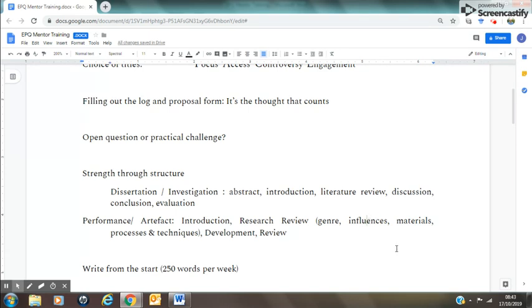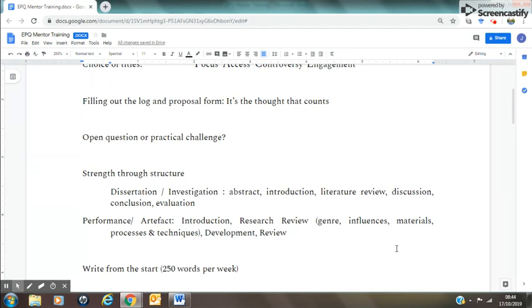Influences, who can they learn from, what's out there, what pieces of work can they access that they can pick up tips and inspiration from. Reviews as well of pieces of work can be useful. Materials, that doesn't necessarily mean the concrete materials that they're using. It could mean the ideas that are going to inform their project, particularly if they're doing artistic or filmmaking work.